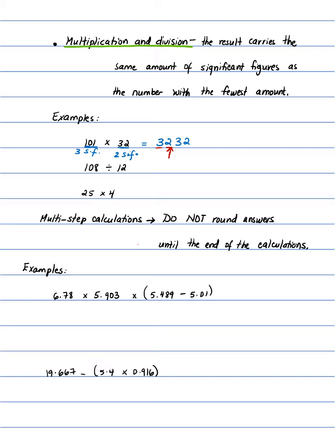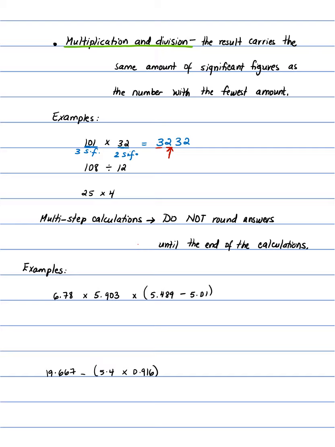If you just write down 32, it's 1,000 times smaller, not 10. 10 times 32 is just 320. So you cannot write down your final answer as 32 because that's not even close to the actual number that you're supposed to have.